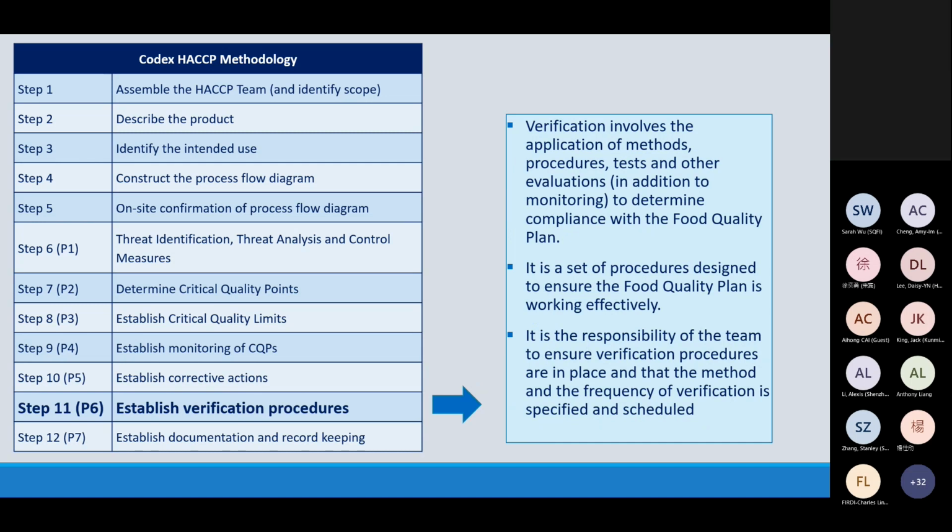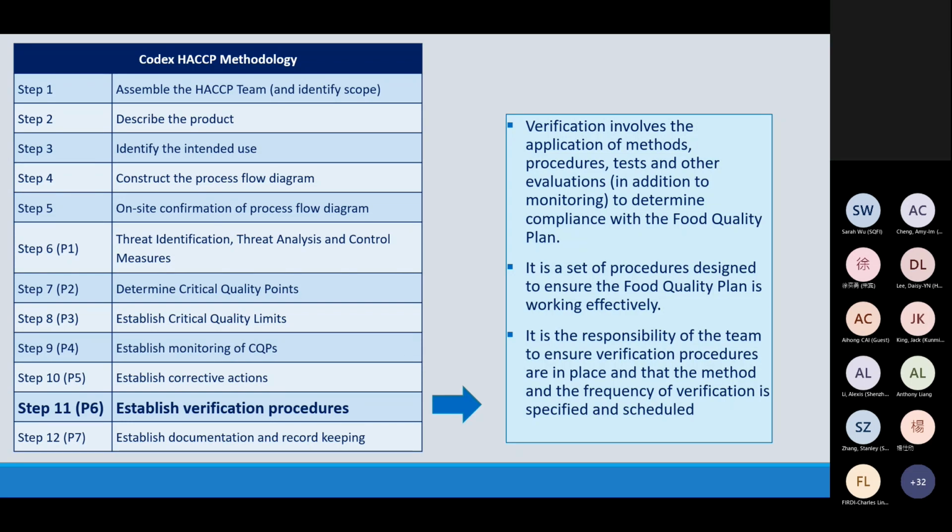And then, of course, we have the verification procedures, which are also in the quality code, which verification, just as a reminder, involves the application of methods, procedures, tests, and other evaluations in addition to monitoring to determine compliance with the food quality plan.